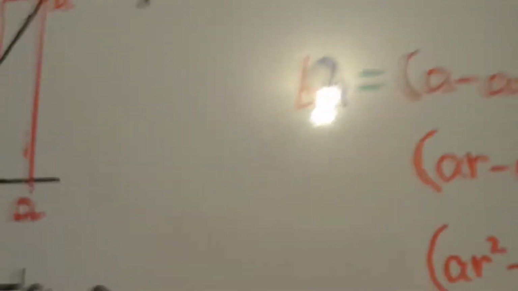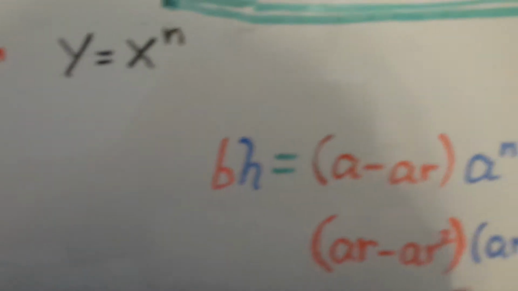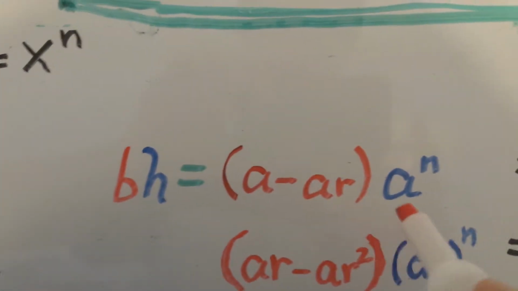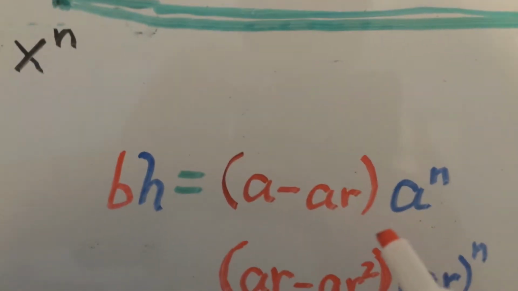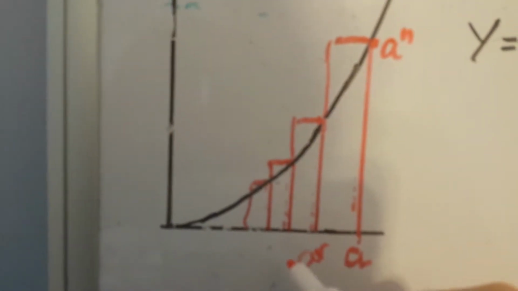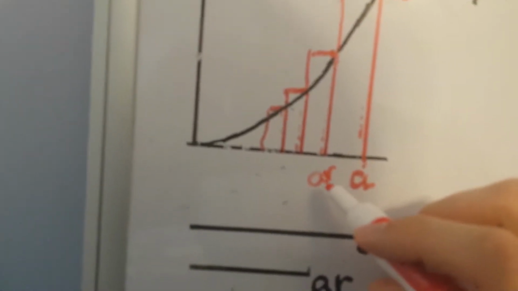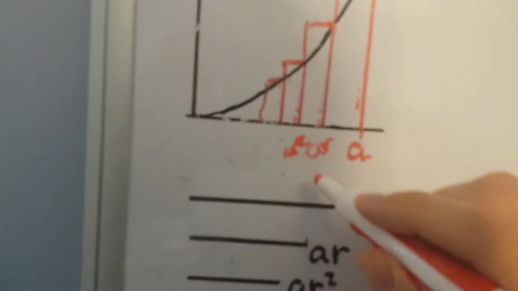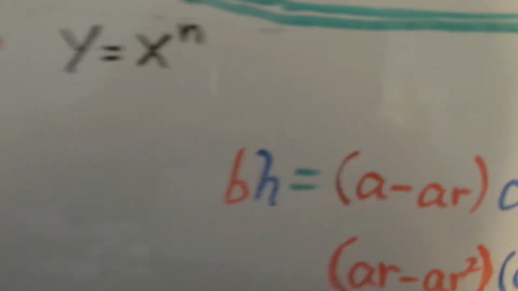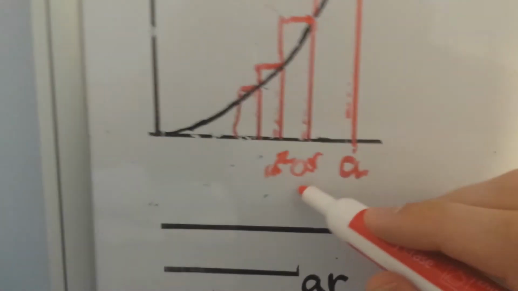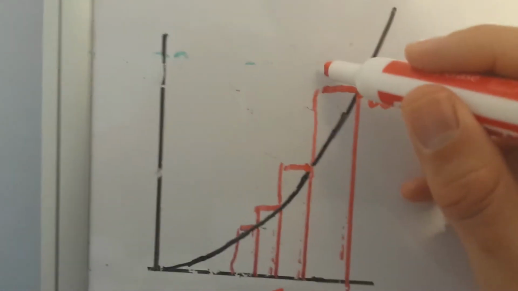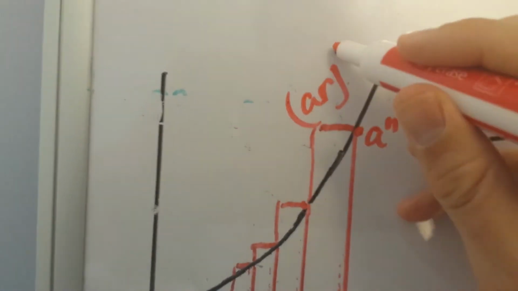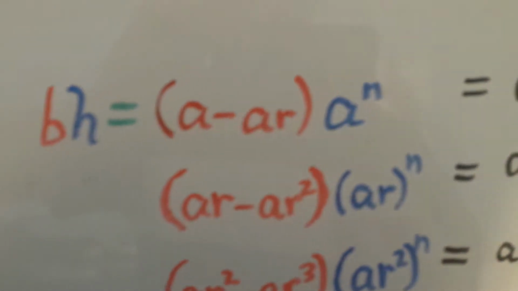So base times height is a times (1 minus r) times a to the n. And to find the area of the next rectangle, he would take ar minus ar squared, and the height would be ar to the n.